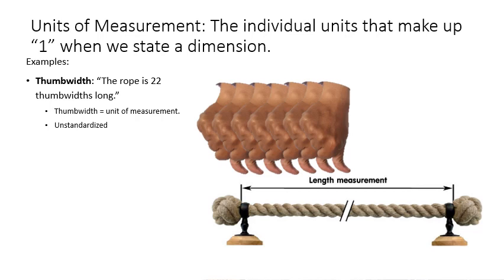You could measure one thumb up against the other thumb, and count how many thumb widths you can get till you get to the other end of the rope. And in that case, thumb width would be the unit of measurement. It would be unstandardized, however, because everyone's thumb width would be different. And so we couldn't count on this as a standard unit of measurement.